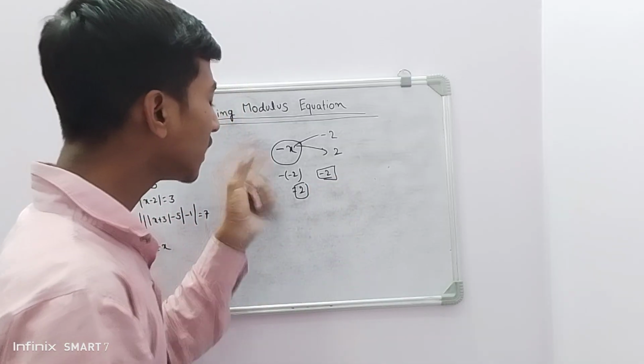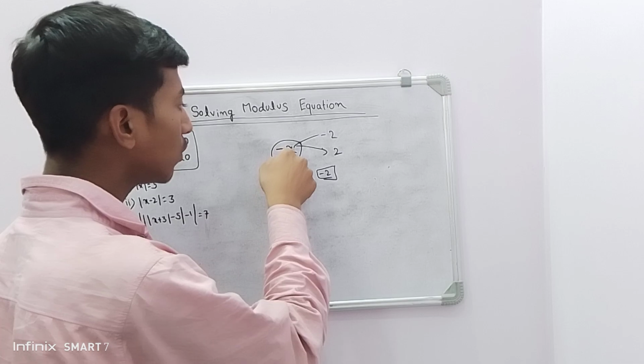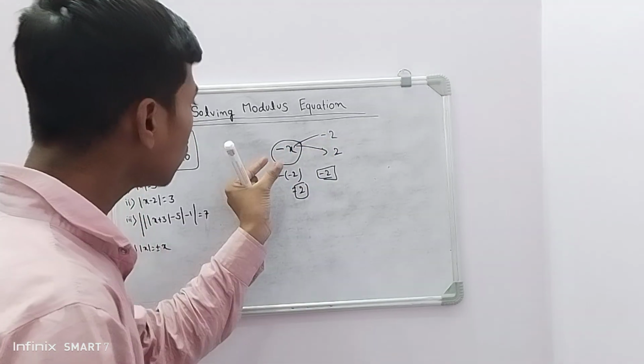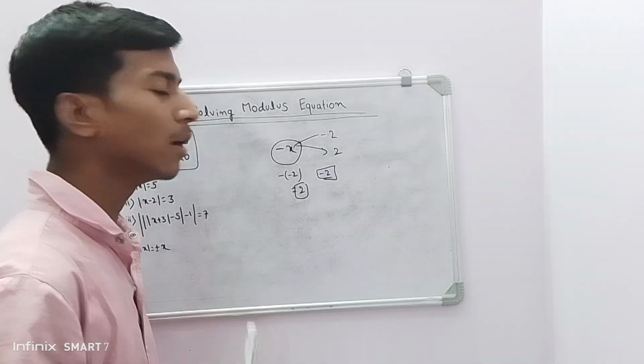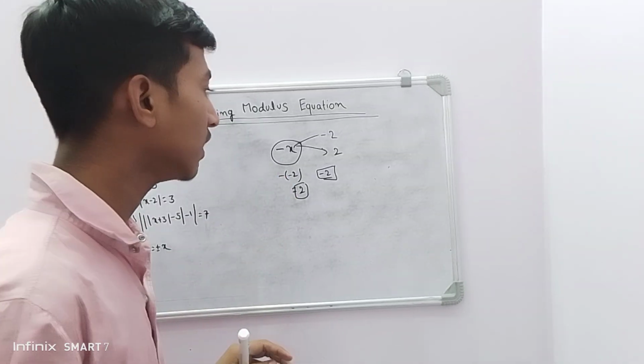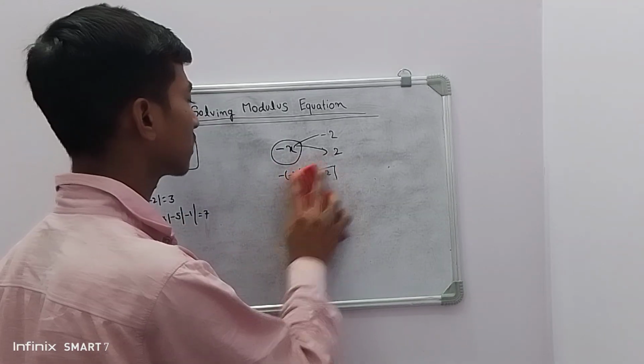So you cannot determine whether it is positive or negative when you don't know the value of x. When you know the value of x, then you can determine it, but before this you cannot. These are the basic things that we use in solving the modulus equation.